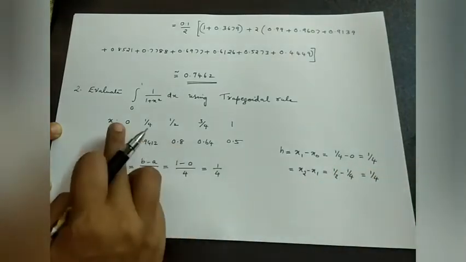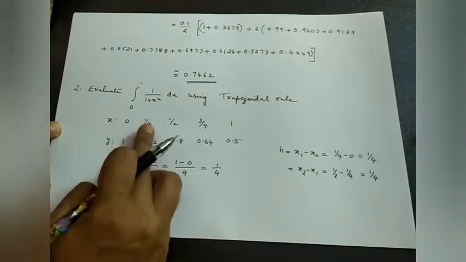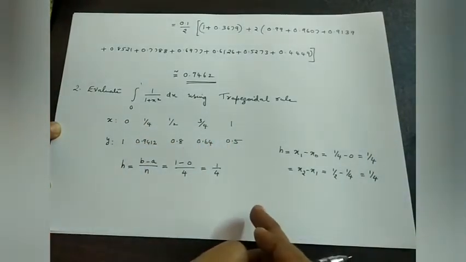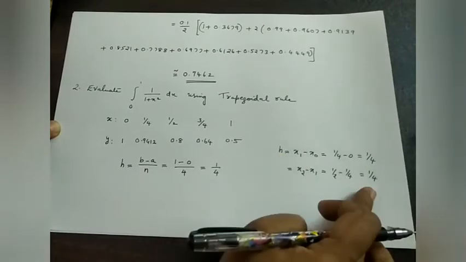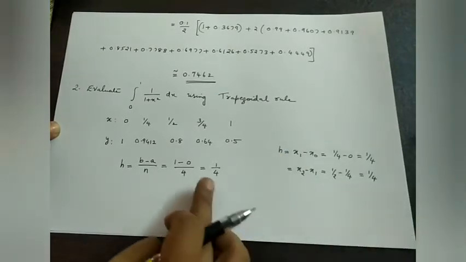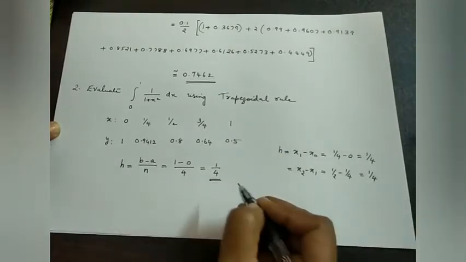Here the values of x are at equal intervals. Therefore here we can find out h by using this formula also. Therefore h is equal to 1 by 4.